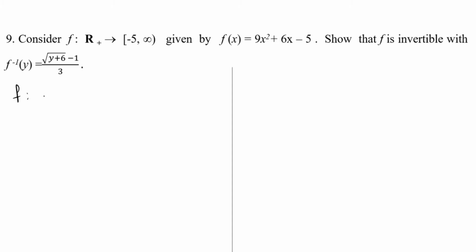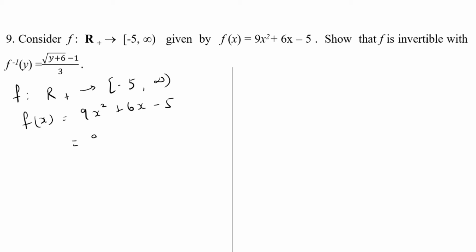So this is given: f is a function from the set of all non-negative real numbers to [−5, ∞). f(x) = 9x² + 6x − 5. So let us complete the squares.